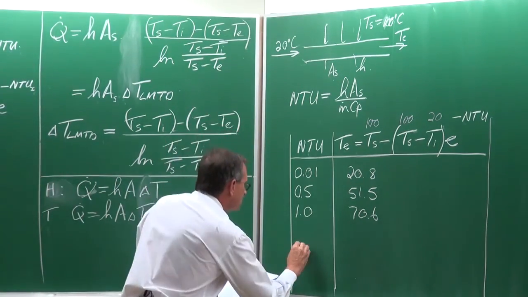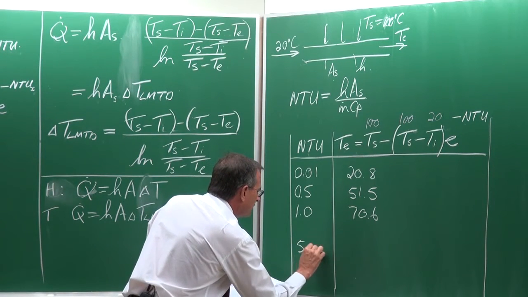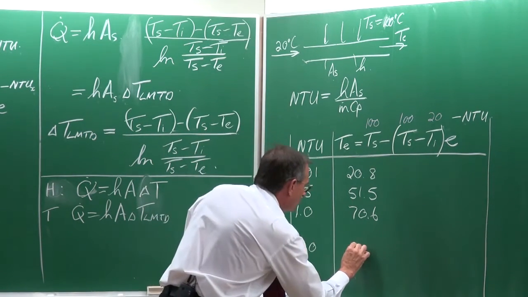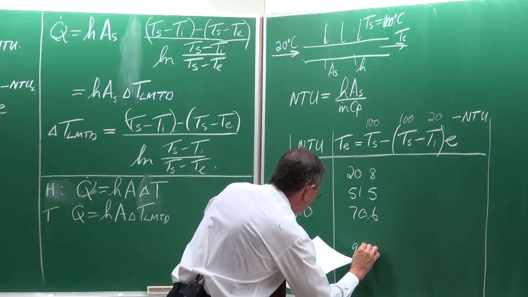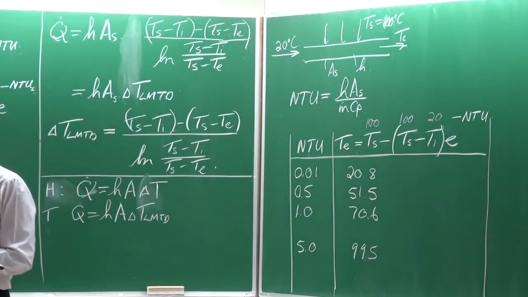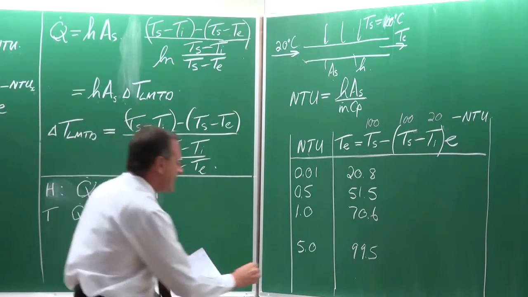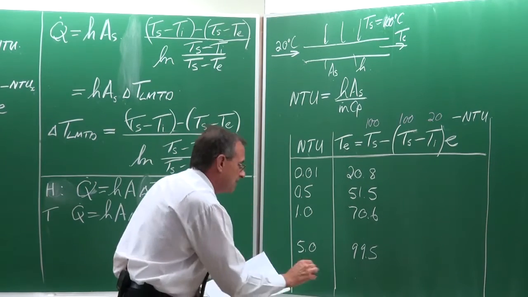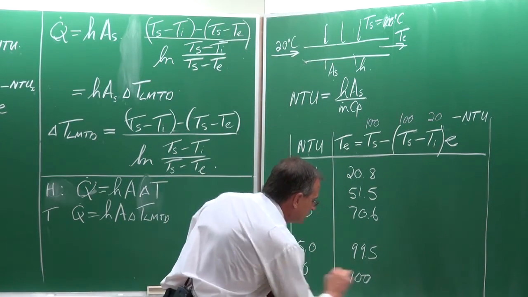If it is equal to 5, then the outlet temperature will be 99.5 degrees Celsius. If it is 10, the outlet temperature would be 100.